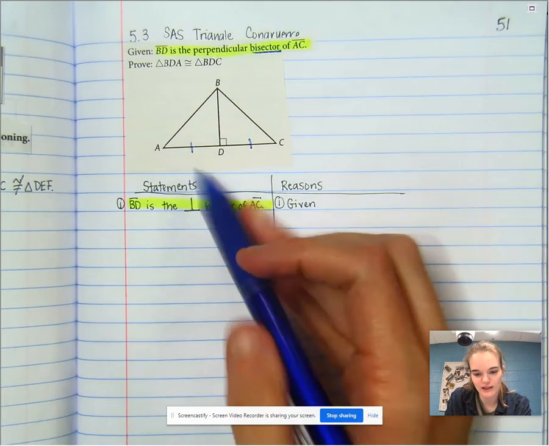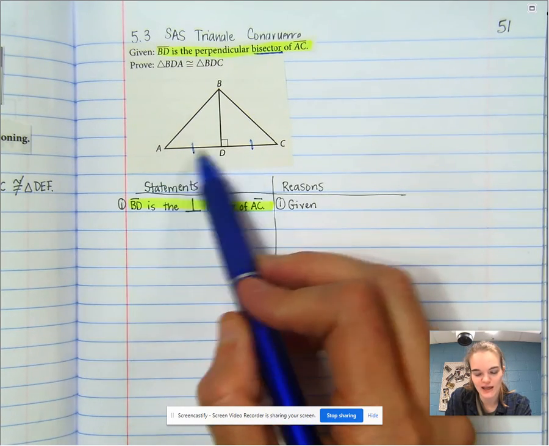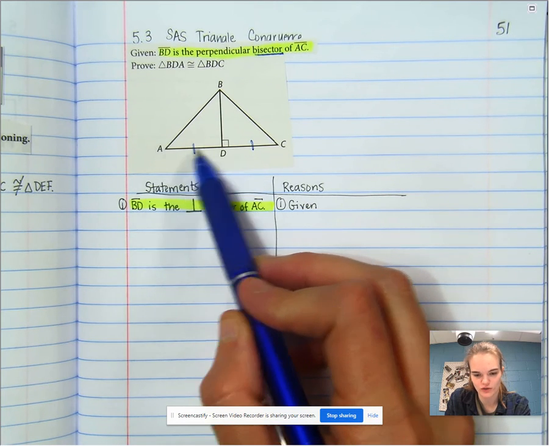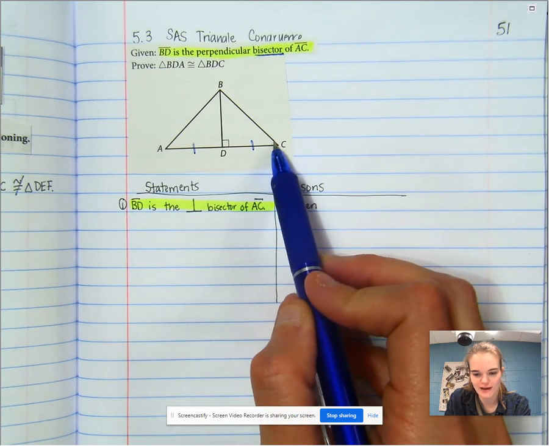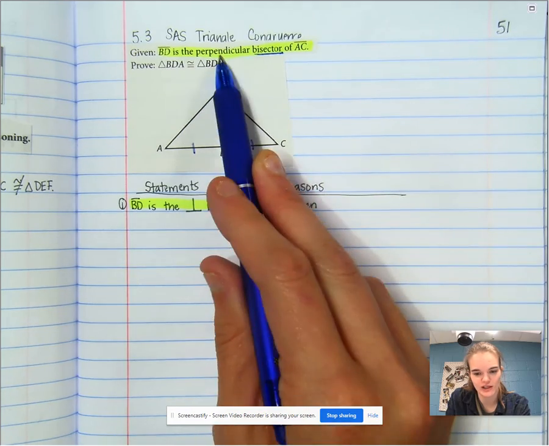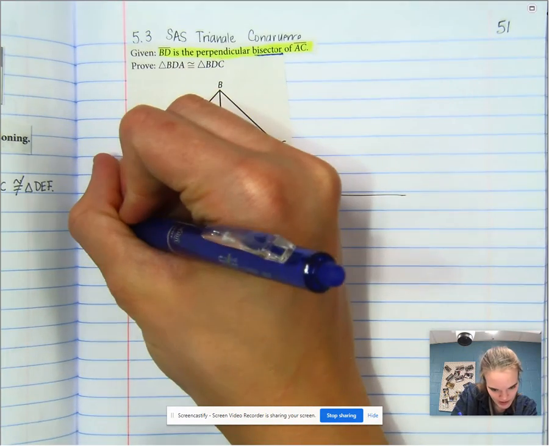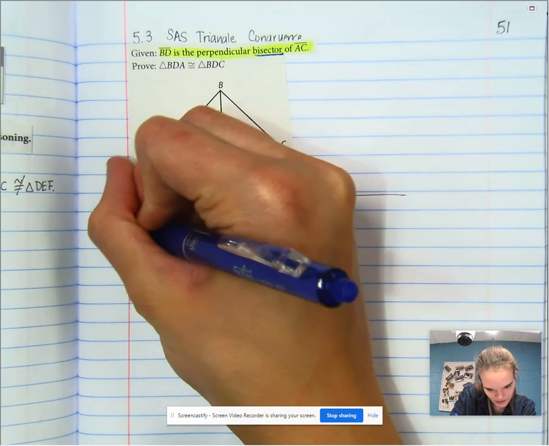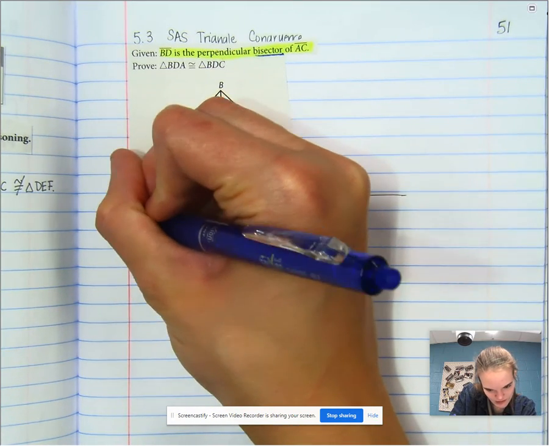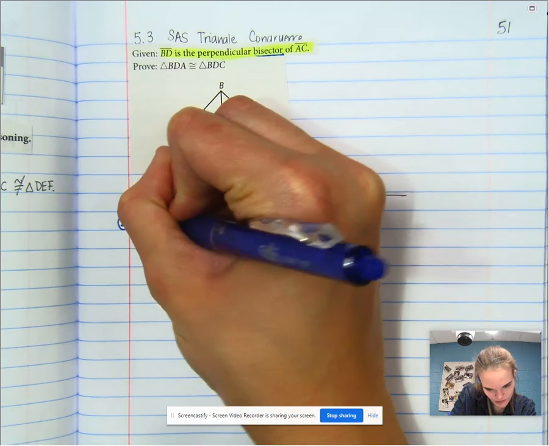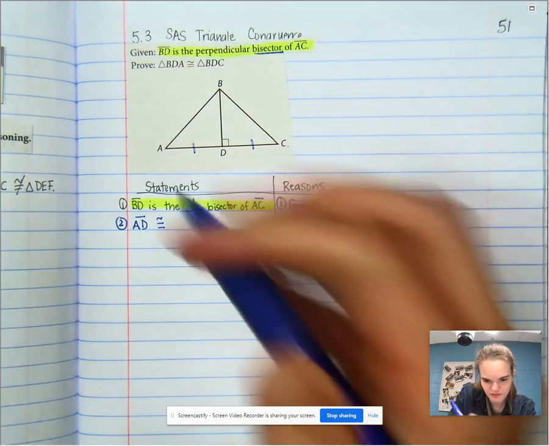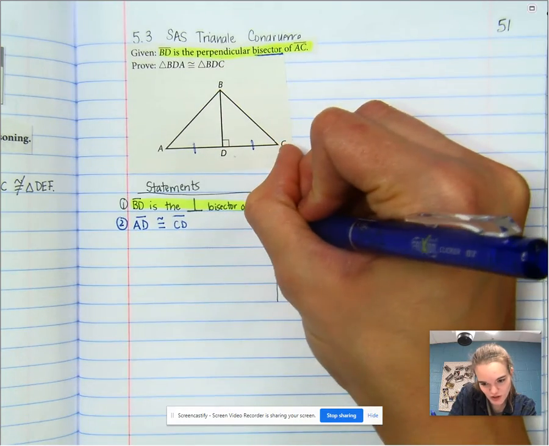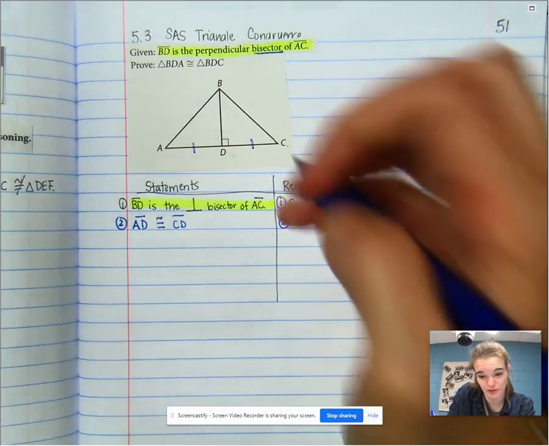And I have to do AD and CD because AD and DC, I don't want to say that because in order of triangles here, this one and this one would match because this looks like it's a right angle, and it is because it says perpendicular bisector. So number 2, AD is congruent to CD. And that is definition of the bisector. We'll get the perpendicular part in a minute.